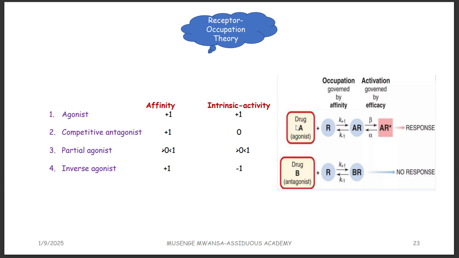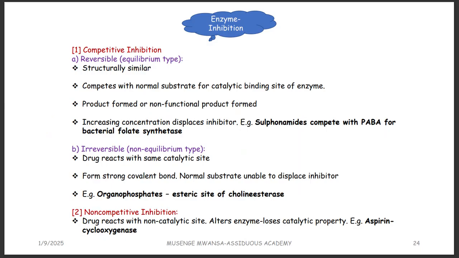The top part of the graph, the maximum point, is the agonist. And then the x-axis is going to be the partial agonist. Between the x-axis and the maximum point, that's where you are going to have the partial agonist. Actually, the competitive antagonist is the one that is on the x-axis.